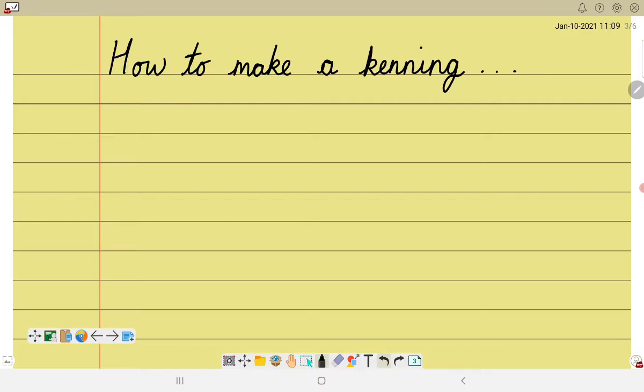So, how do we make a kenning? Well, we always start with the word a, then we will have a noun. That's a thing, a person, a place, or a thing. So, in this case, we're having a race. Then we have a hyphen. Hyphens join two words together. And then we have a verb. That's a doing word.